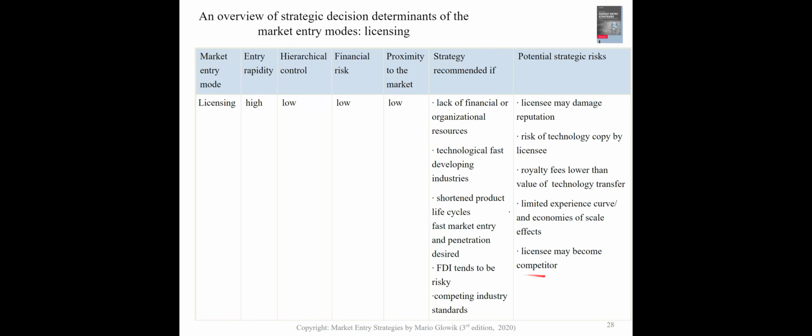And never ever forget, the licensee may become our competitor because a licensee learns through that relationship and makes its own research and development activities.